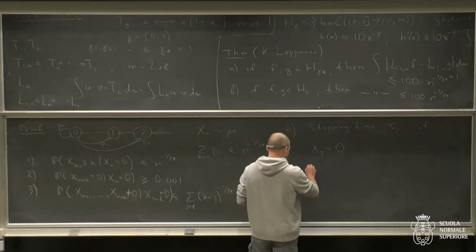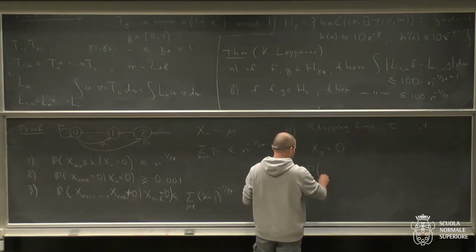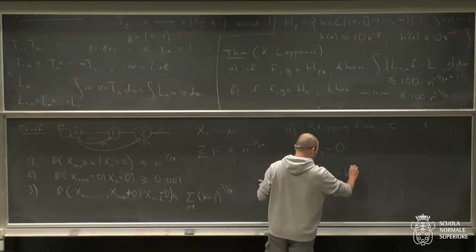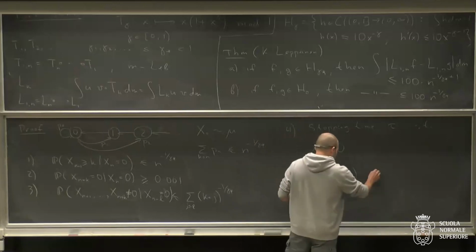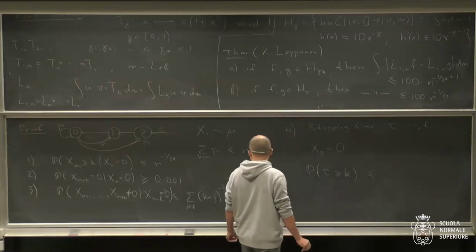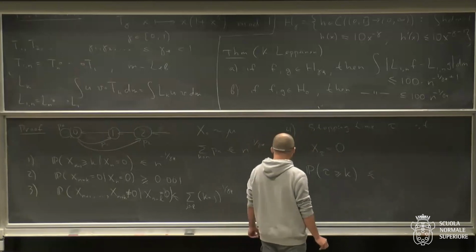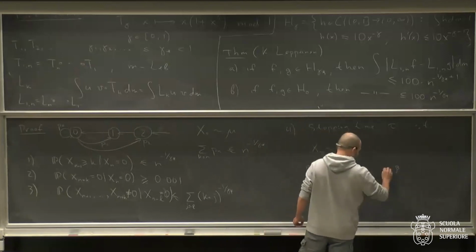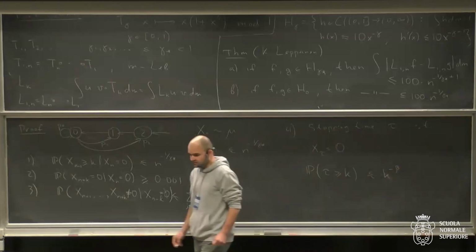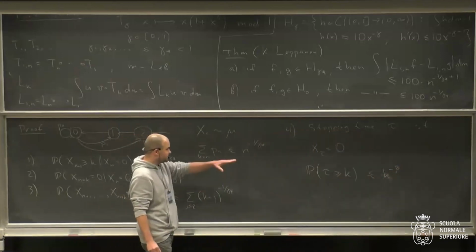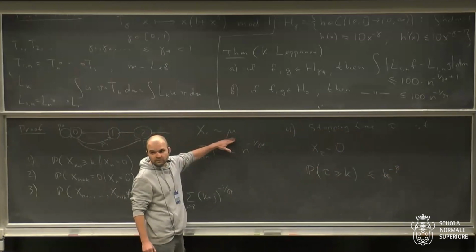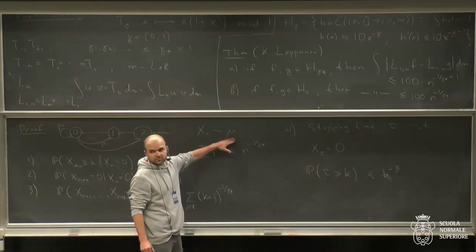And the probability of tau bigger or equal than k is asymptotically k to some power beta, where beta only depends on the tails of mu, but otherwise is independent of mu.